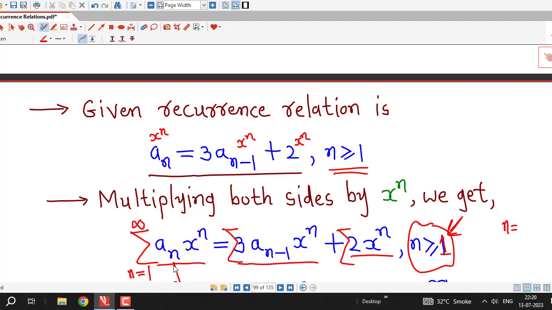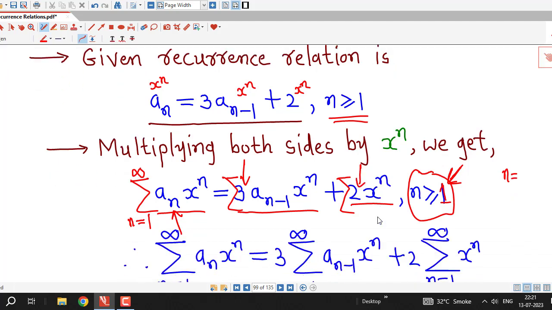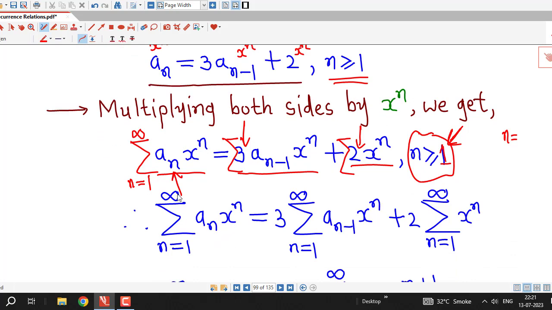So this is going to be sigma a_n x^n, and in the second summation, we have 3 independent of n, so we can take it outside, and here also 2 can be taken outside. So I have written here: sigma a_n x^n, n equal to 1 to infinity, equals 3 outside, sigma a_{n-1} x^n, n equal to 1 to infinity, plus 2 times sigma x^n, n equal to 1 to infinity.